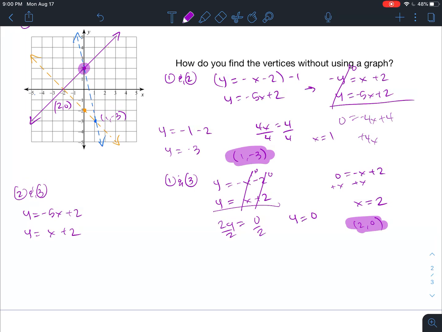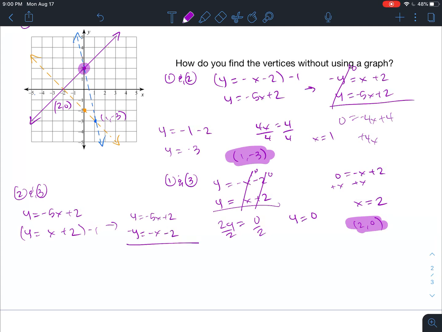Alright, now again, easiest thing to do is to multiply by -1. So then we get y is equal to -5x plus 2. And then here we have -y is equal to -x minus 2.